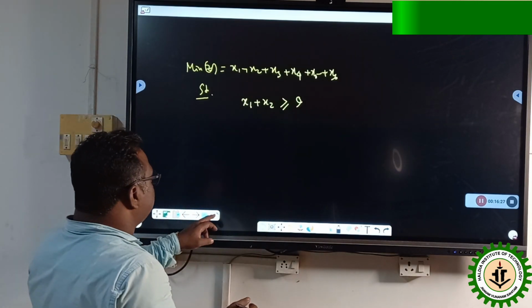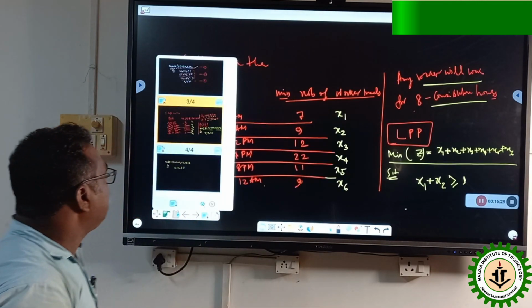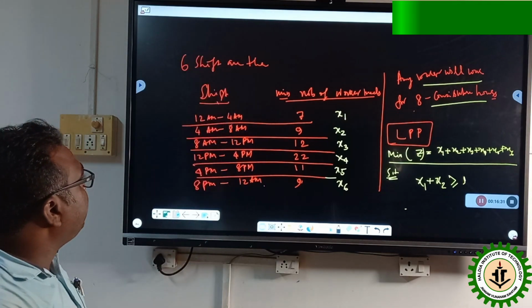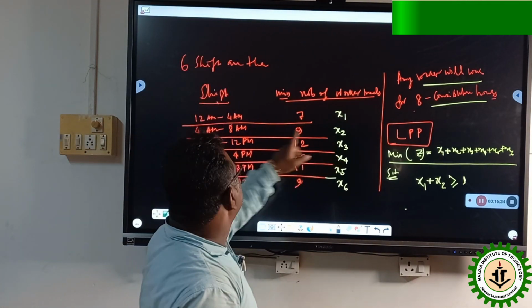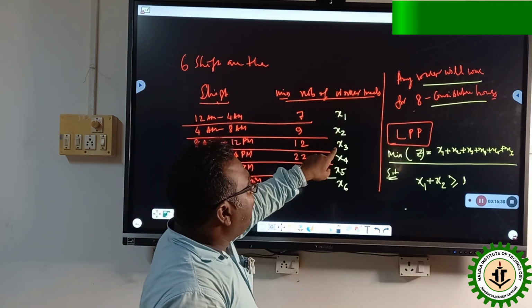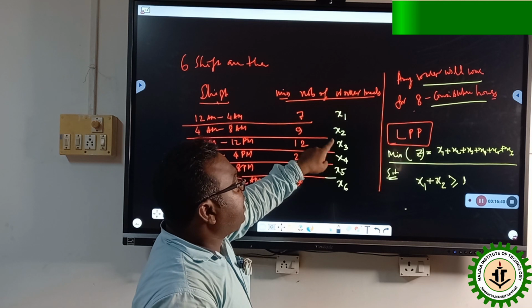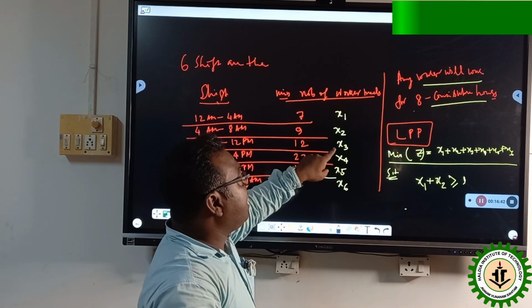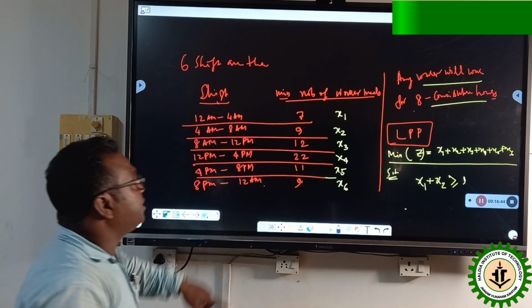What about the second constraint? You can see from here, in the second shift, x2 persons enter, and x2 persons continue, and x3 enter in that session.